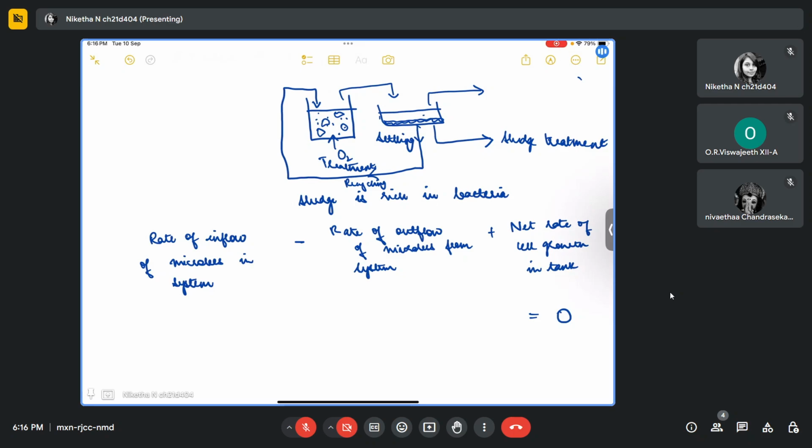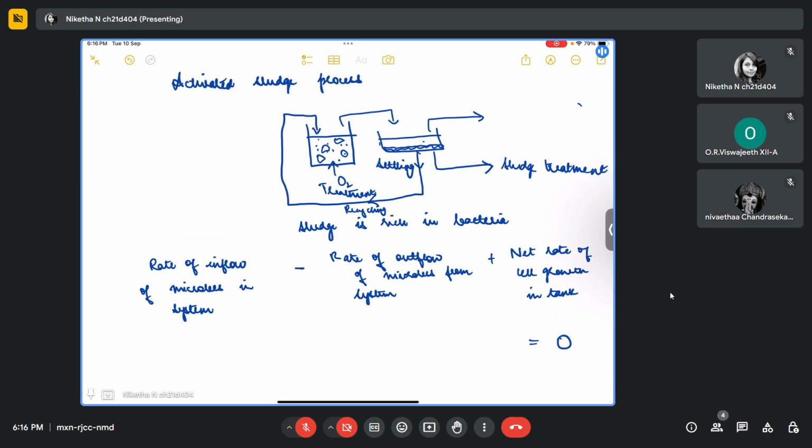So what we are saying here is the rate of inflow of microbes, whatever microbes are coming at the inlet, minus the rate of microbes which are flowing out of the system, mainly as sludge.